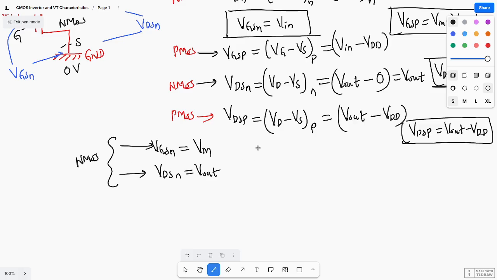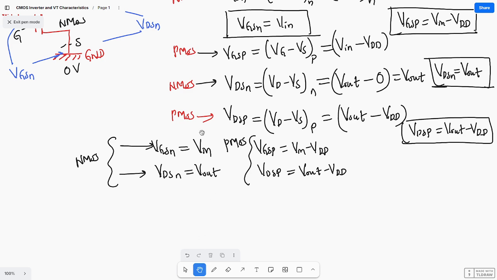And for PMOS: VGSP equals Vin minus VDD, and VDSP equals Vout minus VDD. Next, separately, if you write the regions of operation, you are just combining the operations of NMOS and PMOS. That's it.